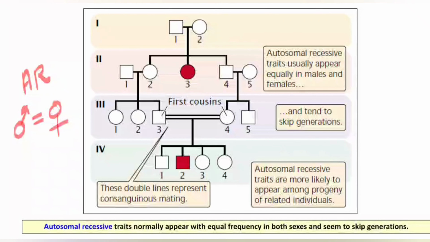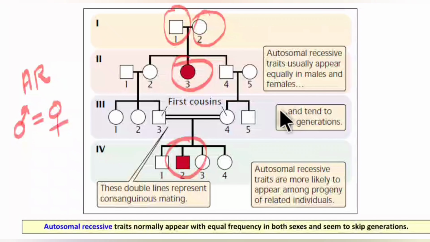Now you can see in this inheritance pattern, in the first generation, the mother and the father are not affected. They are not carrying any kind of disease trait. But in the second generation, one female child is affected, in the third generation all are normal, and in the fourth generation, one male is affected.